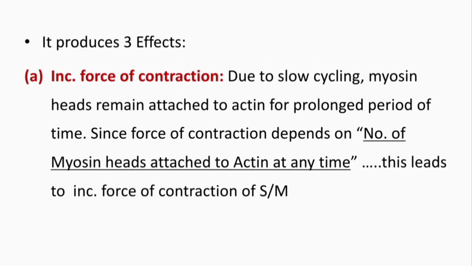Number one, there is increased force of contraction of the smooth muscle, because due to slow cycling, the myosin heads remain attached to the actin for prolonged periods of time, and since the force of contraction depends at any time on the number of myosin heads attached to the actin filament, this leads to increased force of contraction.